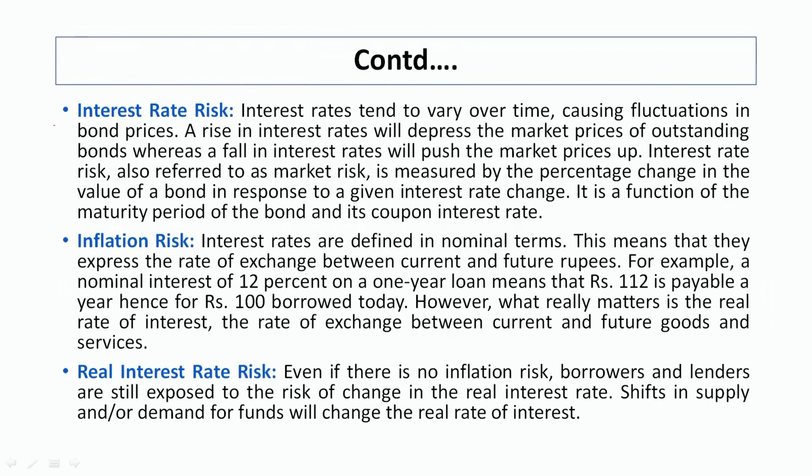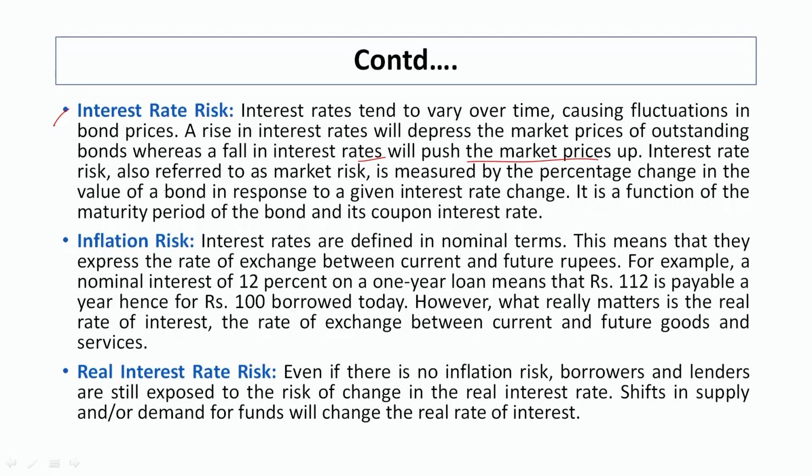So, first one is interest rate risk. We already know that interest rate varies from time to time, or whatever the central bank's decision, it may vary. So, interest rates tend to vary over time, causing fluctuation in the bond prices. The rise in interest rate will depress the market prices of outstanding bonds, whereas a fall in interest rate will push the market prices up.